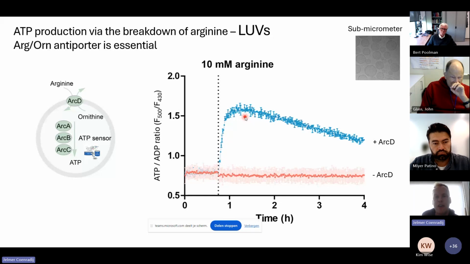So we have the formation of ATP in this system. If we don't have the transporter present, which is represented by the lower graph, the line stays flat, indicating the ratio of ATP to ADP does not change, and thus we don't have any ATP formation. So what we can conclude is that in these submicrometer-sized vesicles, we do need a transporter.